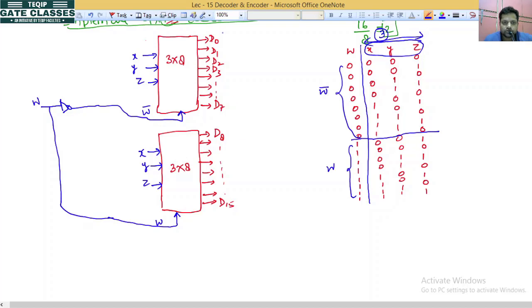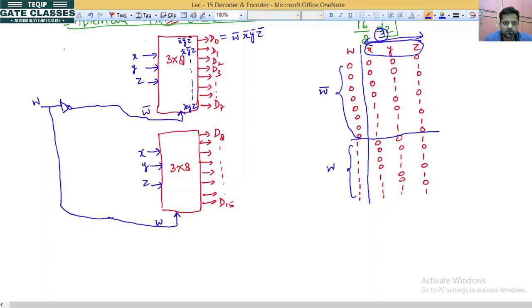So what will we get here? From here we get the enable input, that is W bar, and from this 3x8 decoder we get X bar, Y bar, Z bar, X bar, Y, Z, Y bar, Z. Similarly we will get X, Y, Z here. So this enable input will be multiplied with X bar, Y bar, Z bar, so it will be W bar, X bar, Y bar, Z bar.